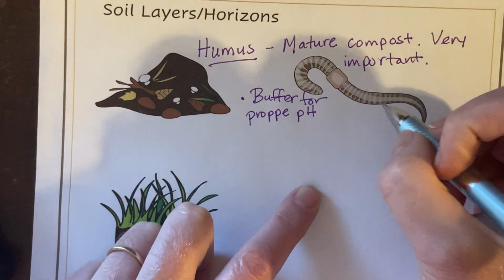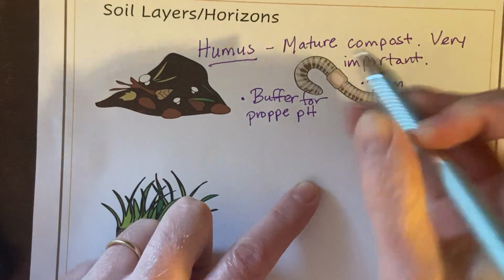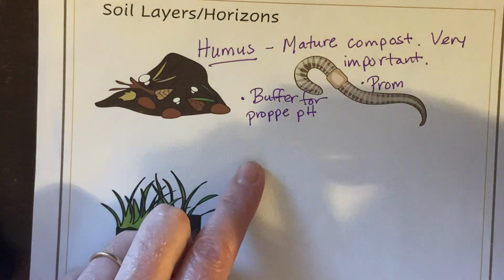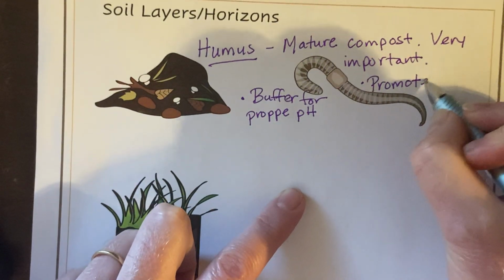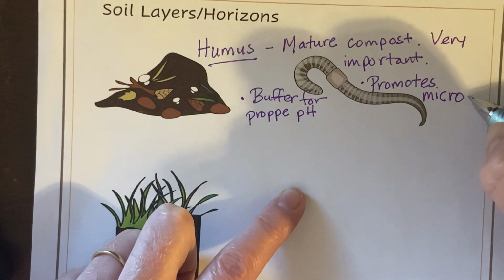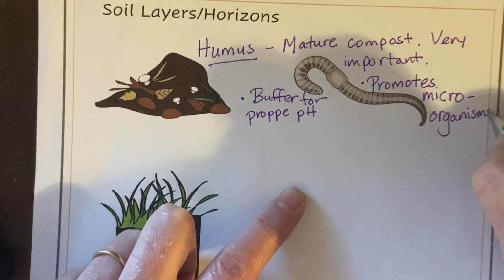And another thing is it promotes microorganisms. That's a macroorganism. That's a worm. Worms are very healthy in the soil, but that's a macroorganism. Humus promotes microorganisms, so bacteria and good fungus. Okay.